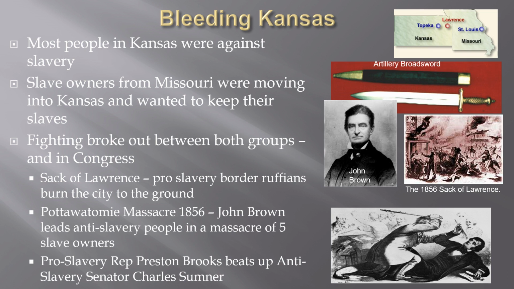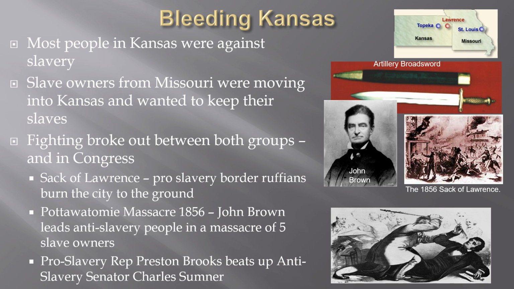And he makes a reference to this senator from South Carolina being in bed with the mistress of slavery, so to speak. The senator from South Carolina has a cousin in the House of Representatives, a guy named Preston Brooks, also from South Carolina. And he's going to hear about this, and he's going to consider it a grave insult to his cousin.